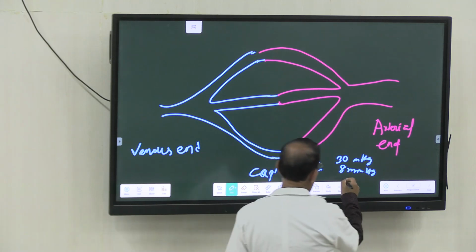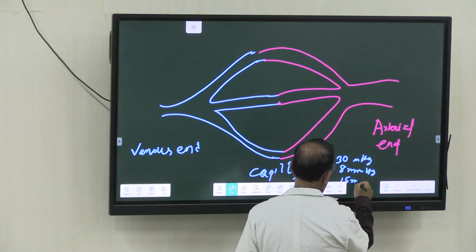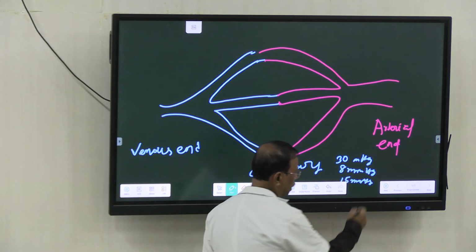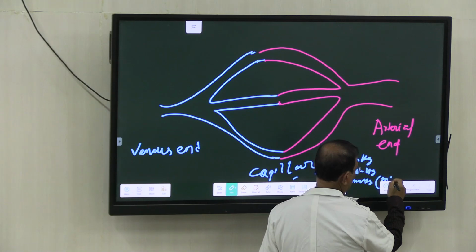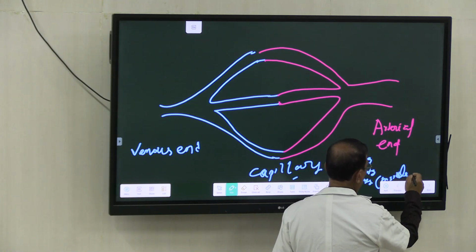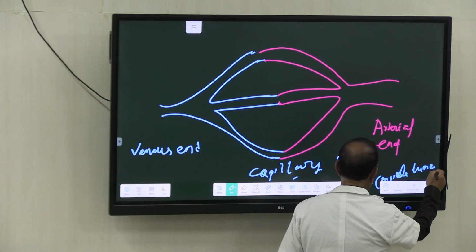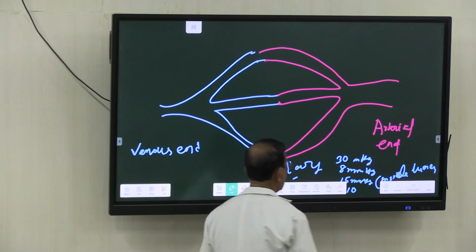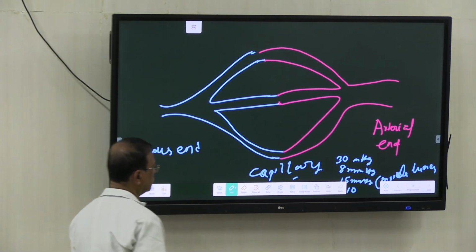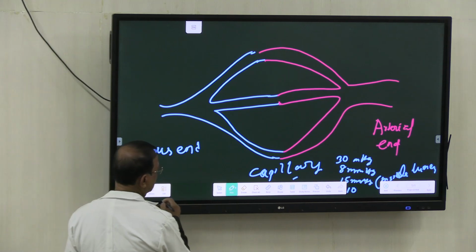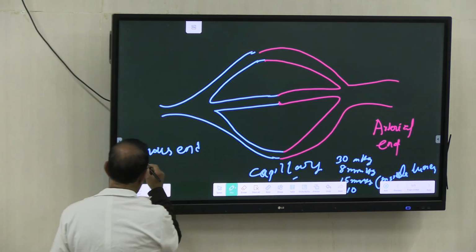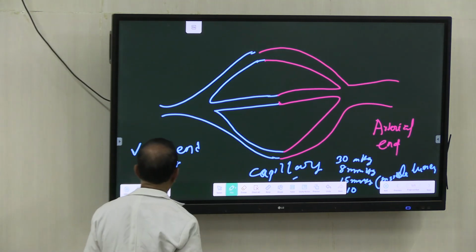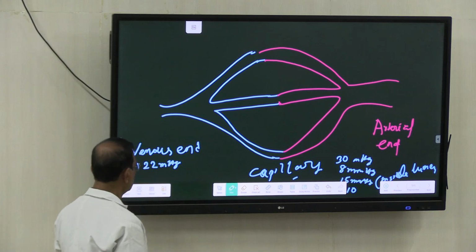Oncotic pressure 15 millimeter mercury, inside the lumen. Tissue oncotic pressure 10. In the venous end, blood pressure remains 22.